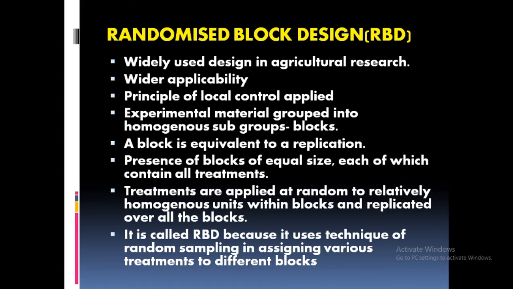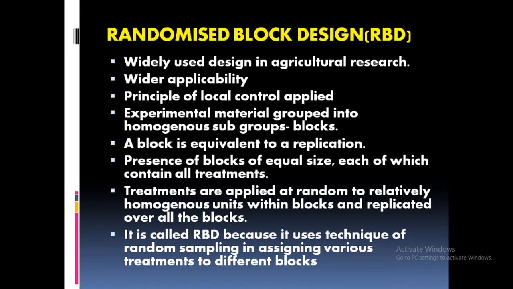Three principles are applied, but the very important principle is local control, so the result is more accurate. So a large heterogeneous group is divided into homogeneous blocks. Under each block, you give treatments randomly and replicated.